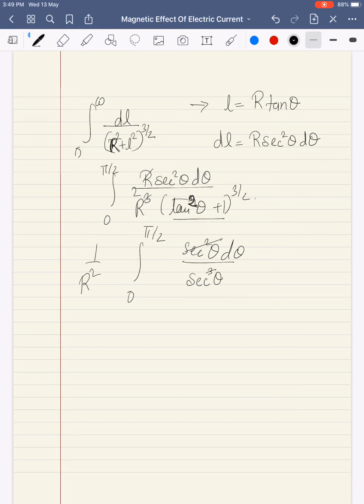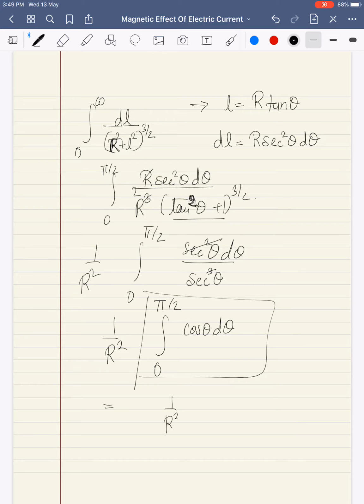So sec square theta and sec theta cancel, so 1 upon R square, the integration will be 0 to pi by 2 cos theta d theta. For this value, integration of cos theta is sin theta, right? So you will say it as 1 upon R square sin theta, limit is 0 to pi by 2. So you will get 1 upon R square into 1 minus 0. So the value comes out as 1 upon R square.